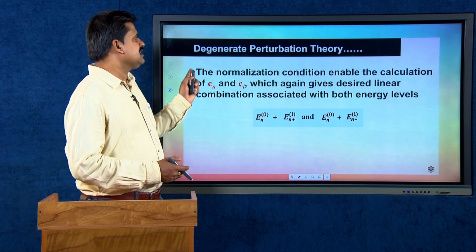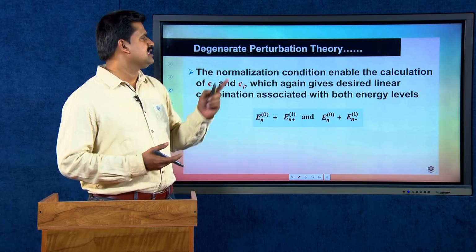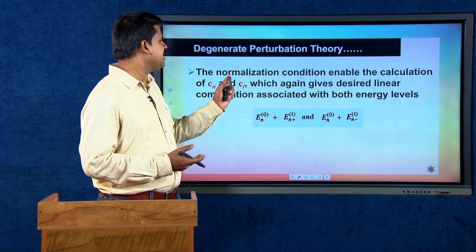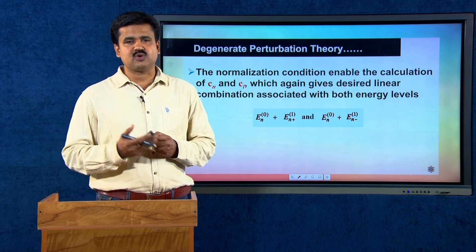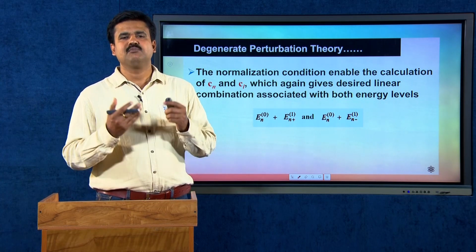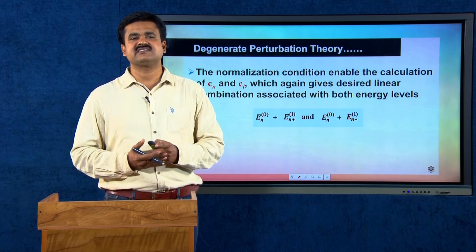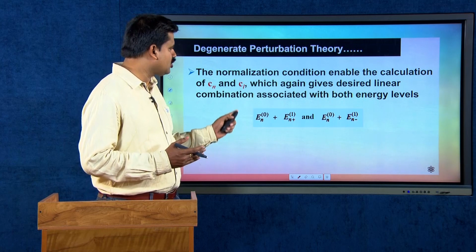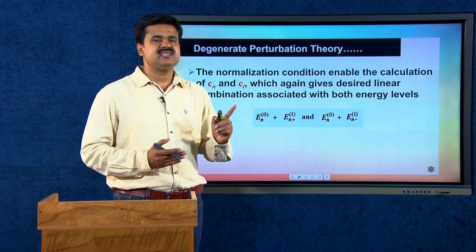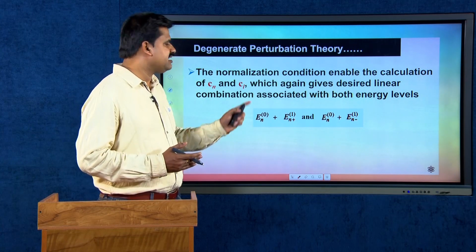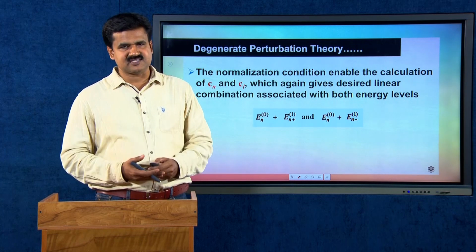Now, the normalization condition enables the calculation of the coefficients Cn and Cl, which again give the desired linear combination associated with both the energy values. The energy values for a doubly degenerate system are En0 plus En1 plus and En0 plus En1 minus. Here En0 represents the energy of the unperturbed system.